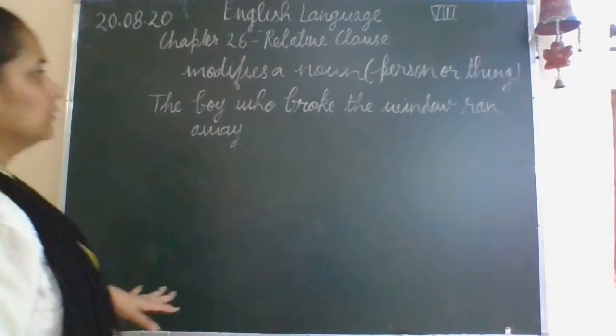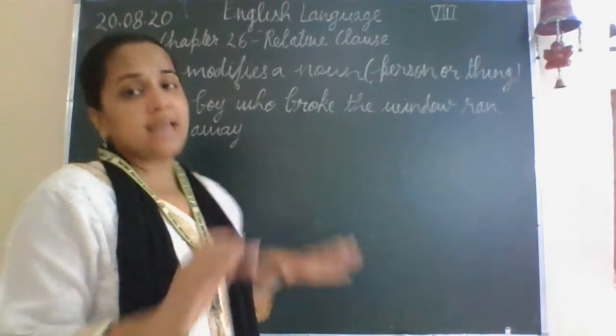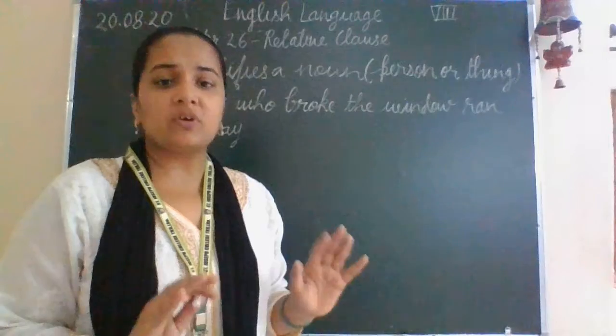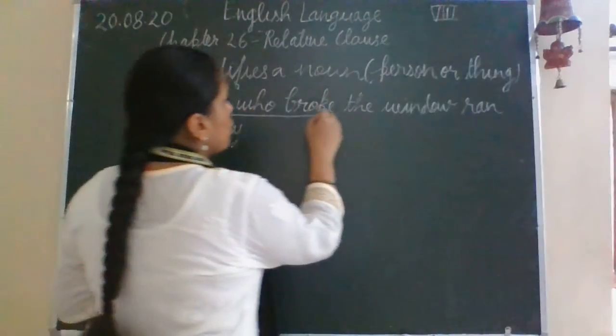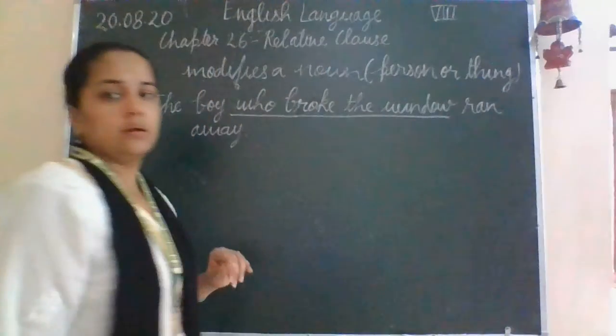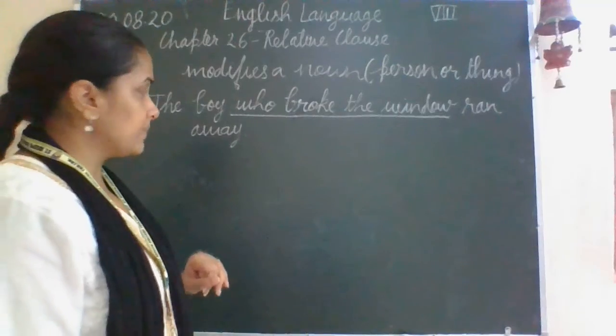Now here you can clearly identify the main clause and the subordinate clause by now, because we have discussed so much about that. Who broke the window? It is the subordinate clause.